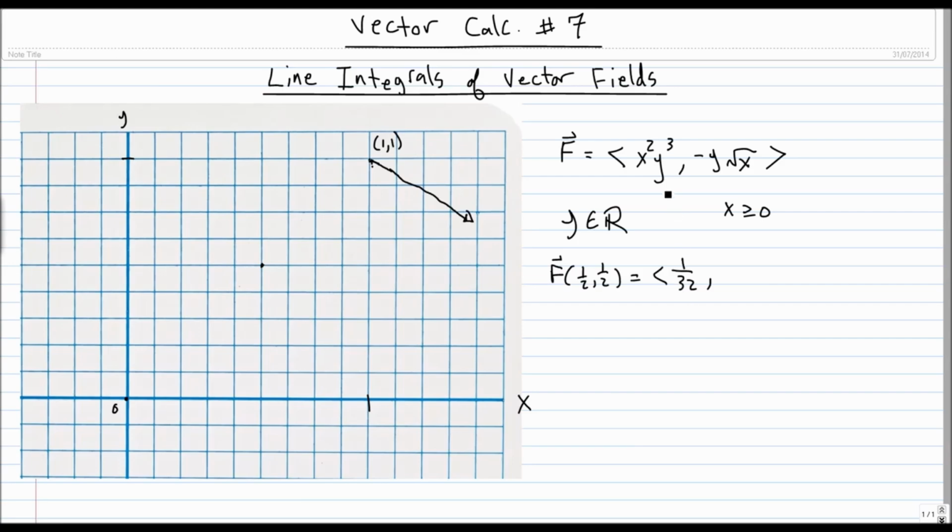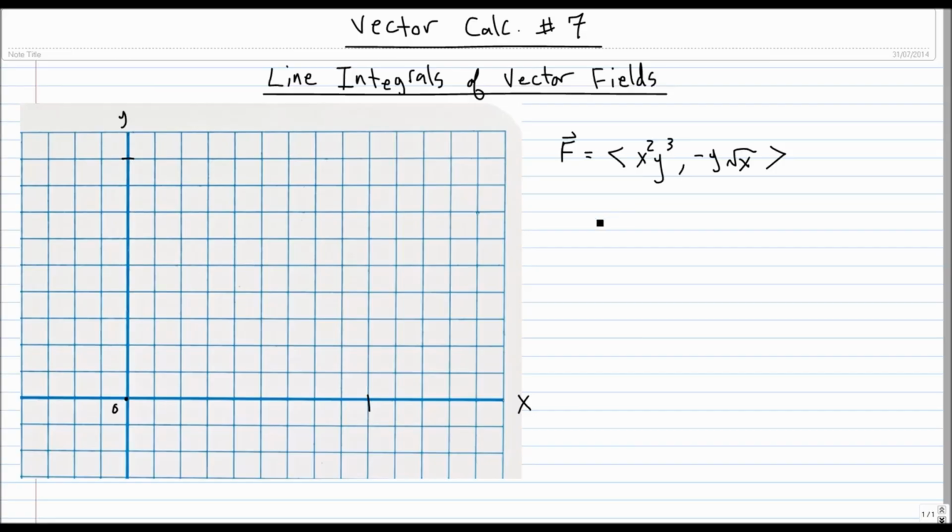So it would go that much in the x direction, and then it would go negative 1 over 2 root 2 in the y direction. So I don't really know what that looks like. I would think that the x component would be a lot smaller than the y component. So I don't know, maybe it looks something like this. Okay, so this is the equation for our vector field. It's just a quick introduction to vector fields.